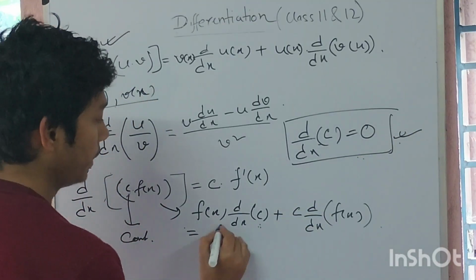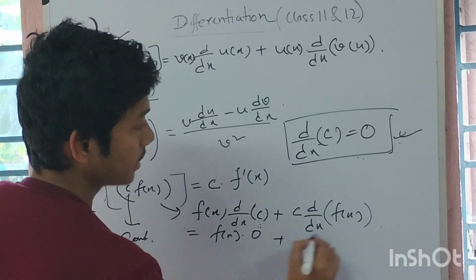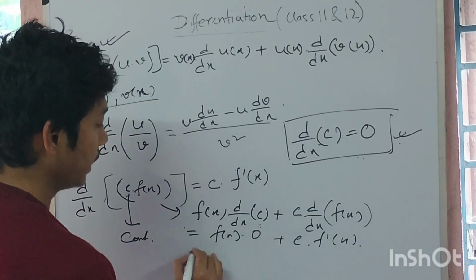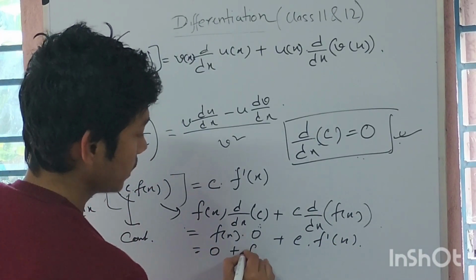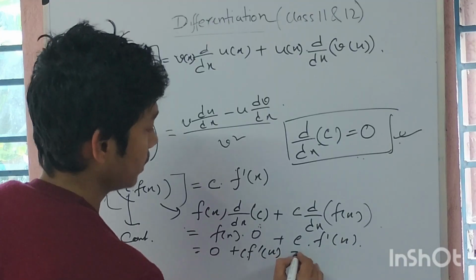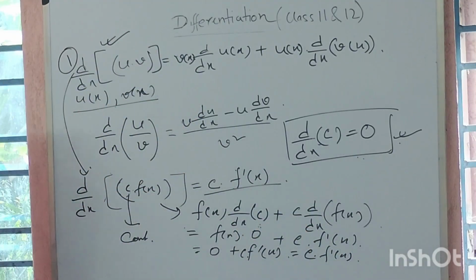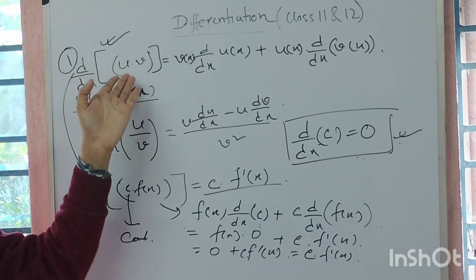So it will be f(x) into 0 plus c into d/dx of f(x), which means f dash x. Something into 0 equals 0, so 0 plus c into f dash x. It is c into f dash x. So it can be proved by the UV method formula.